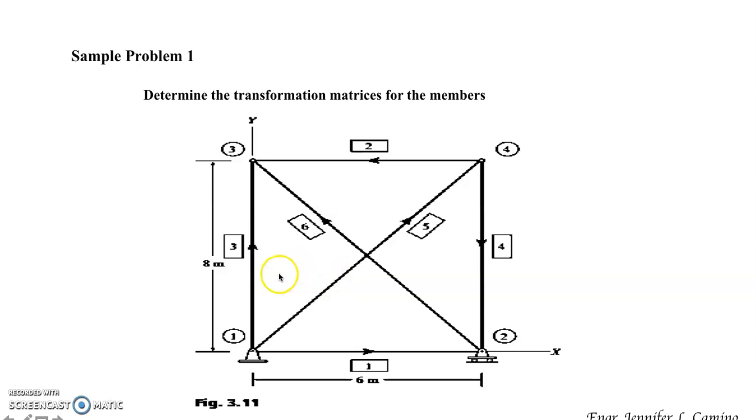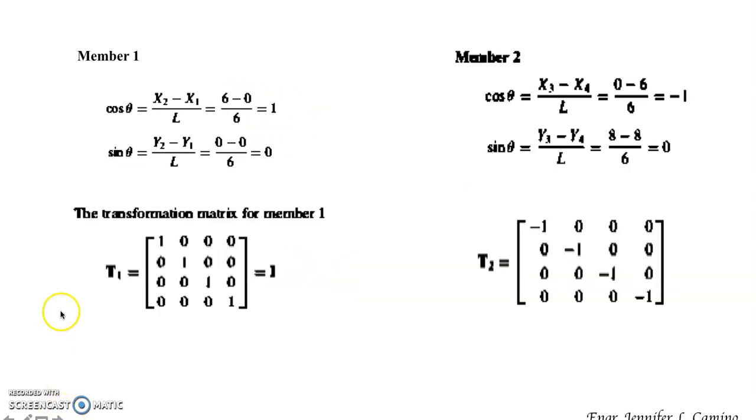So what you're going to do, just use the formula for our transformation matrix. You're going to identify, as mentioned a while ago, the value for cosine theta and sine theta, whatever is the value for every member. For member 1, get the value for cosine theta, sine theta. For member 2, 3, 4, 5, and 6.